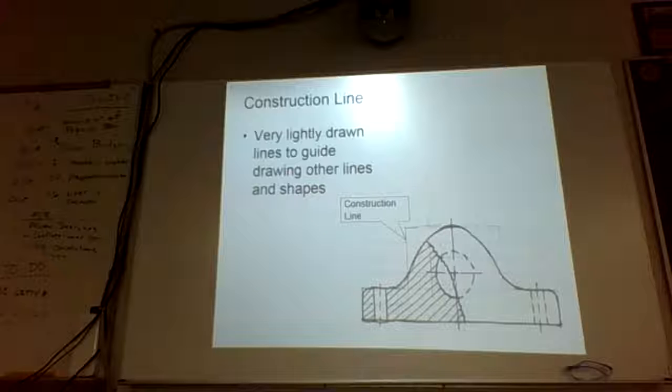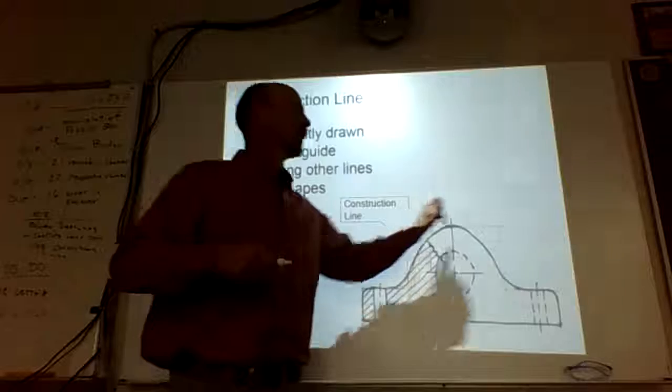Want to make a circle. And that way you can make the perfect circle, right? I'm using construction lines for each quadrant of that circle. And for this arc, they use construction lines here.